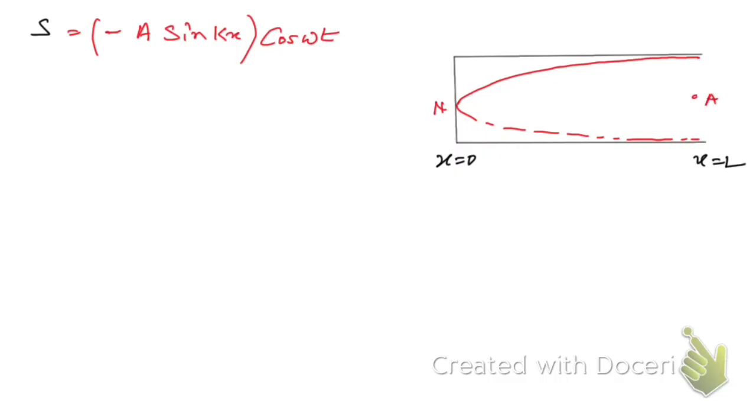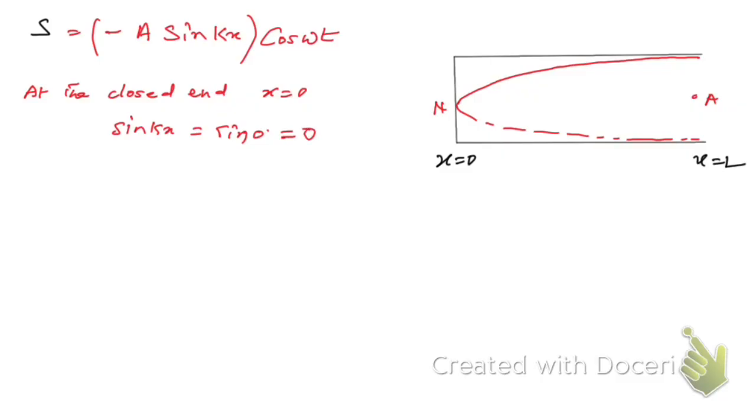Now here you can see that at the closed end of the pipe, we know that x is equal to 0. At the closed end, x is equal to 0, and sine kx means sine 0 here, and sine 0 degree is 0, right?